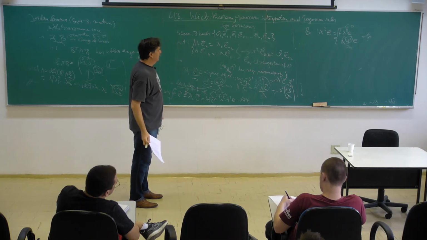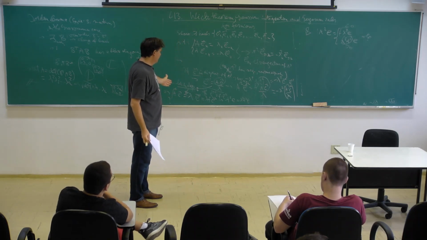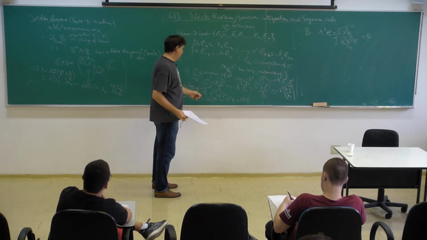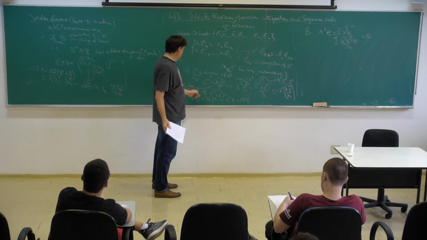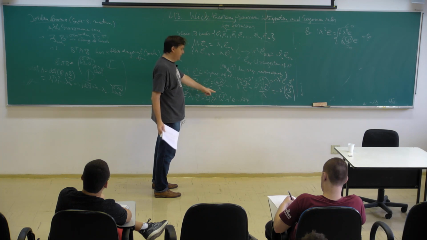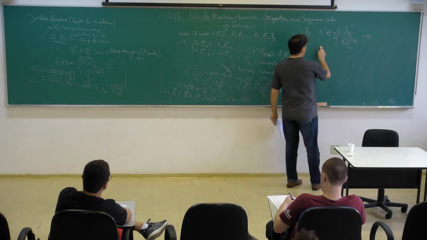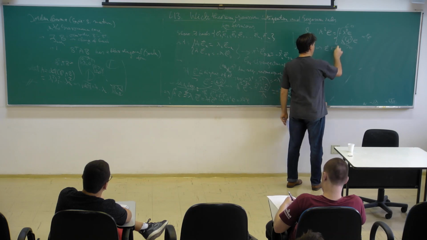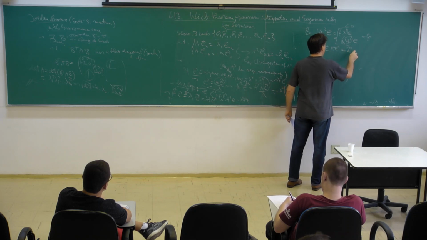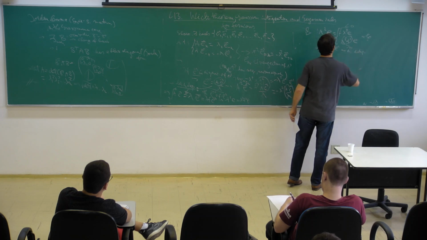So that means that our original assumption was wrong. So that means that we cannot have linearly dependent vectors. The vectors have to be linearly independent. E and E prime are linearly independent. Okay?